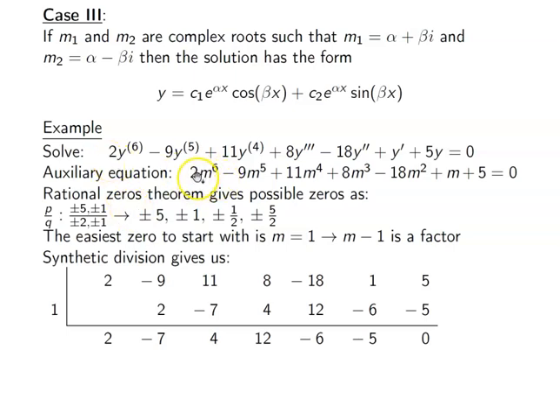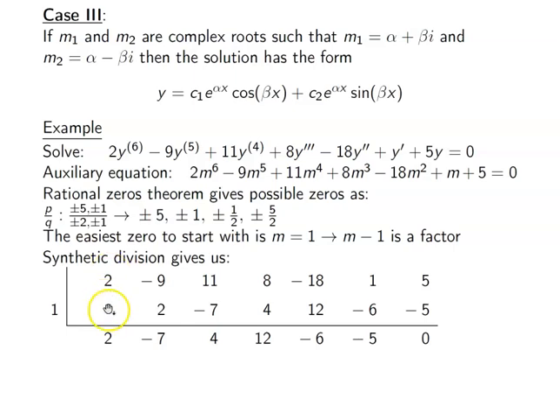Again, I'm just writing my polynomial coefficients: 2, negative 9, 11, 8, negative 18, 1, and 5. M equals 1, so I put a 1 here. These two things multiply, and there's an imaginary 0 here.